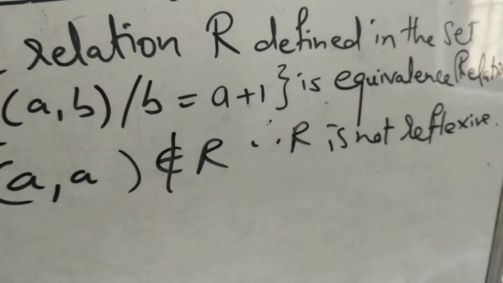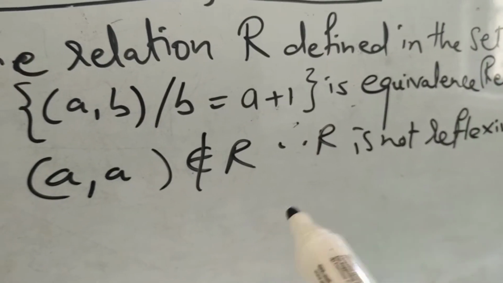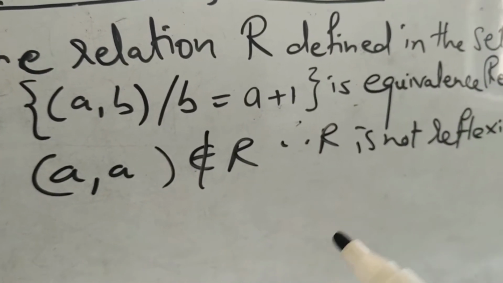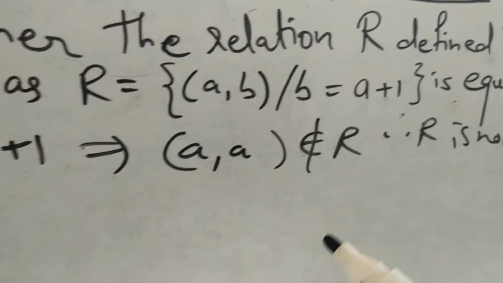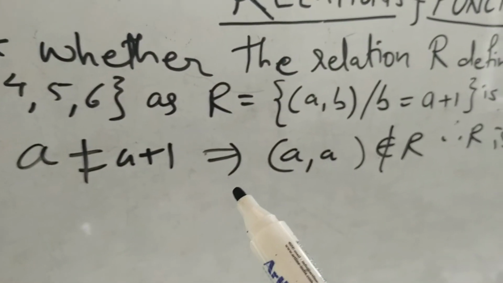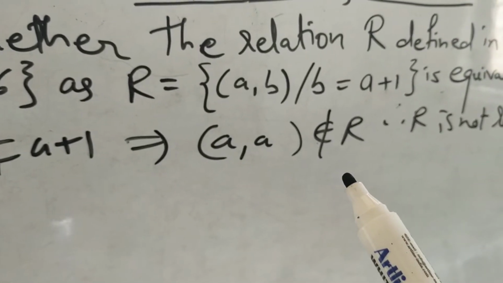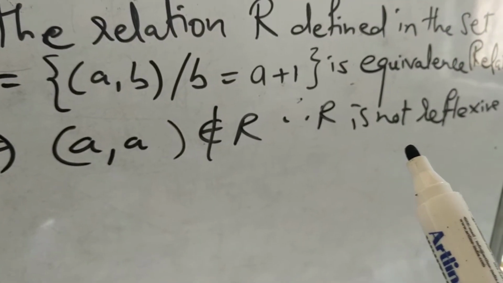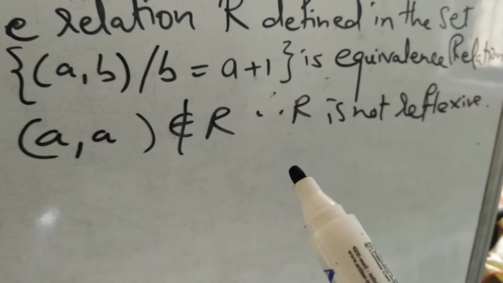If R is reflexive, then (A, A) should belong to R and A should be equal to A plus 1, which is not true. So since A is not equal to A plus 1, (A, A) does not belong to R and therefore we write R is not reflexive.